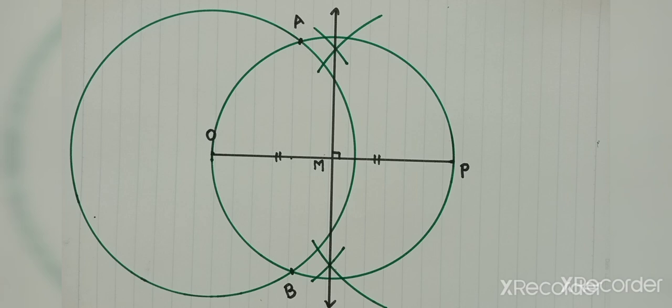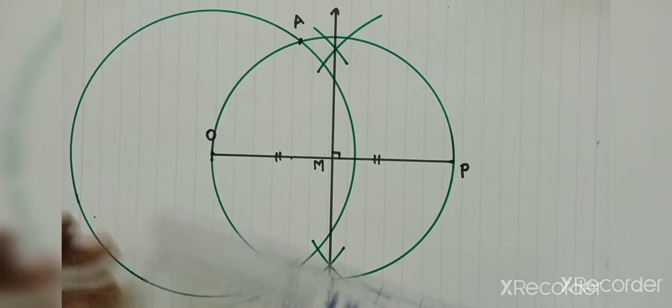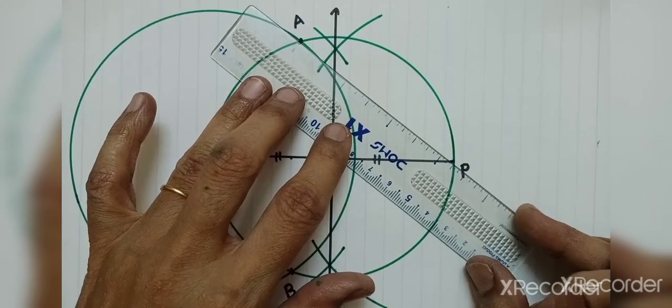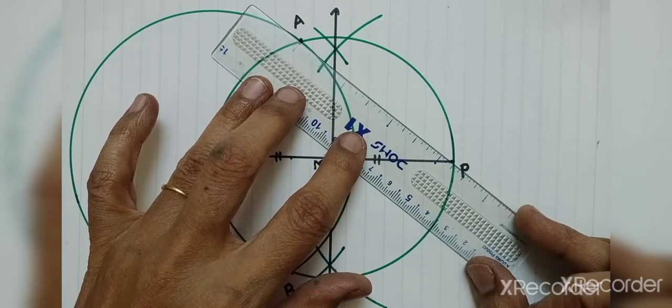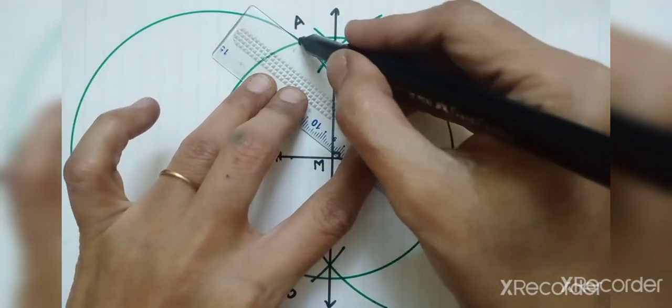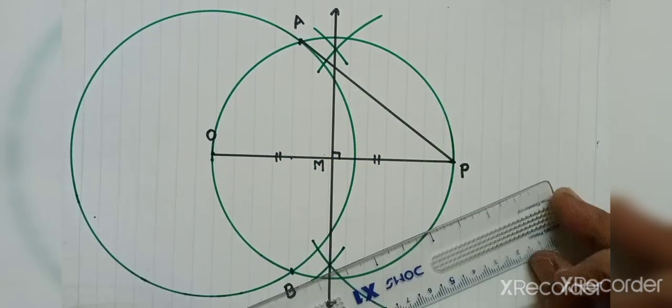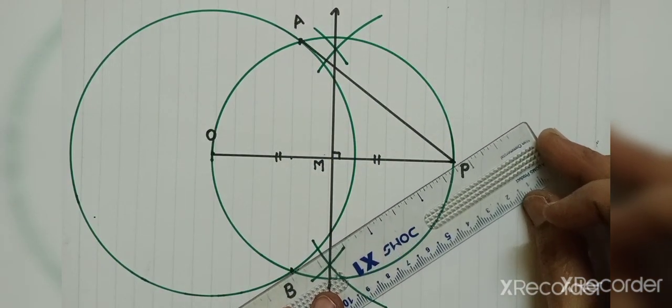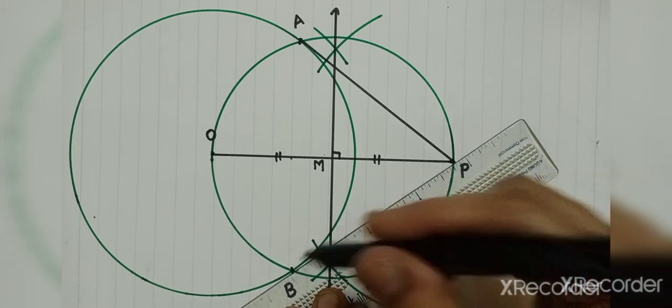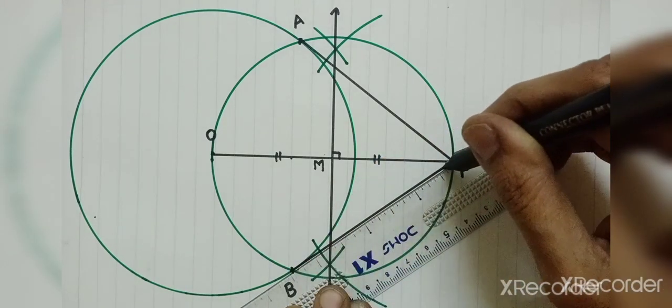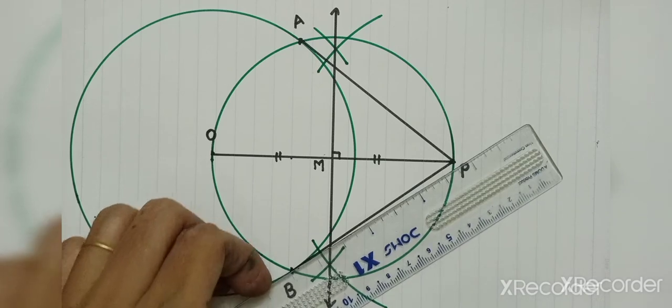Now with the help of a scale, you join this AP length and PB length, which are the tangents to the circle. So let us join AP and join PB. Right?